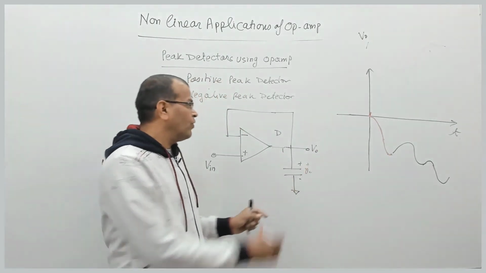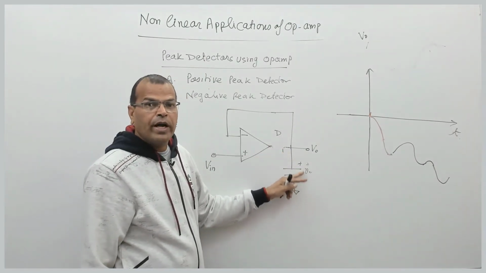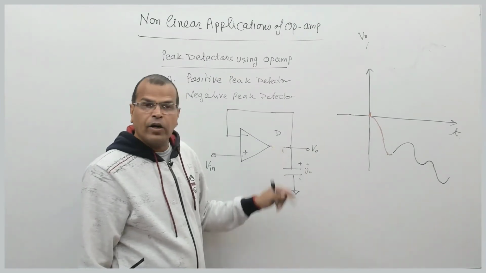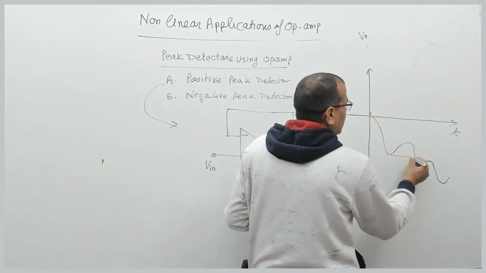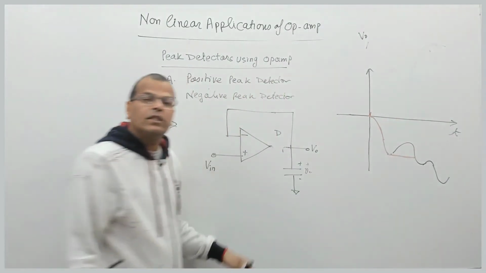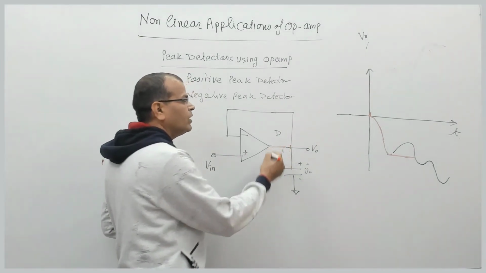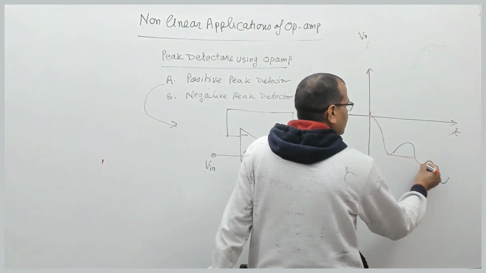The diode will be reverse biased because the voltage of the capacitor will be more negative than this. The diode behaves like an open circuit, and the capacitor holds the last value till your input voltage becomes more negative than this. When the input voltage becomes more negative than this, the diode is again turned on and the output voltage follows the input.